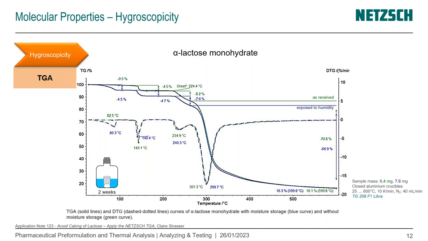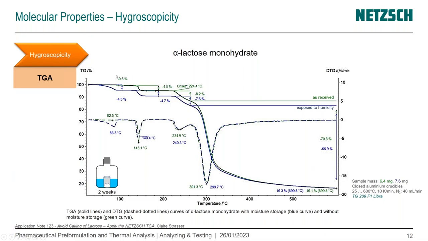Using TGA, we can determine the water content of the material. We can also determine how these materials behave in the presence of humidity, as we can see later. And here the green curve shows the lactose as received.